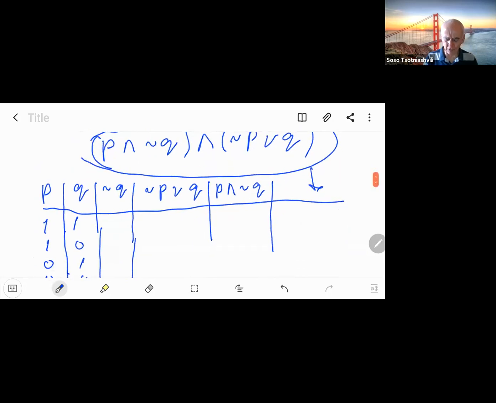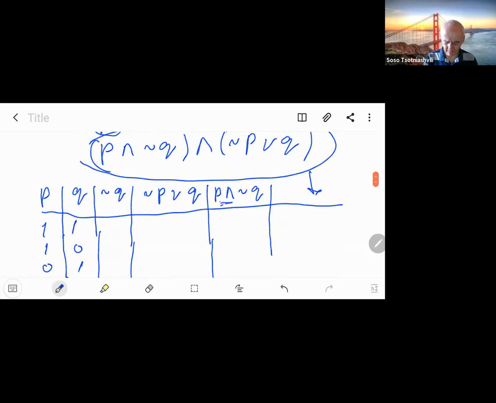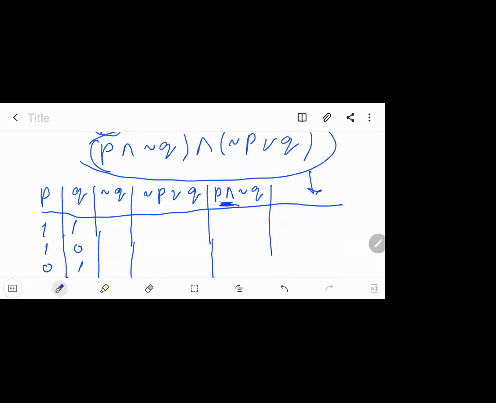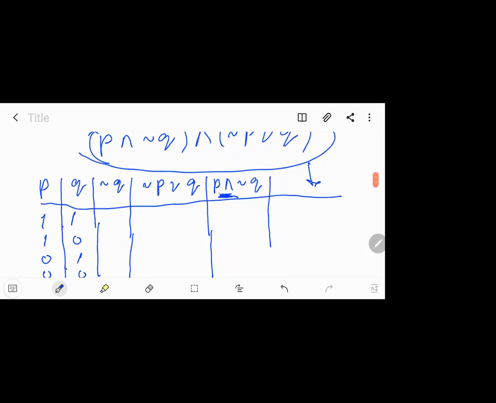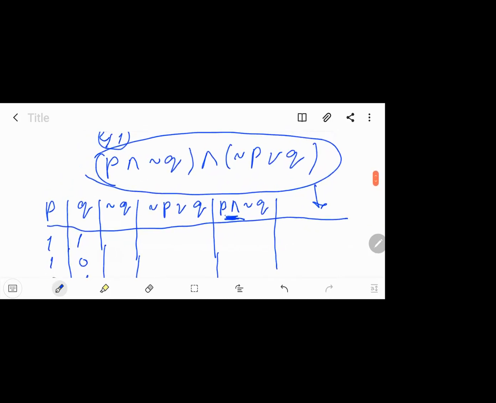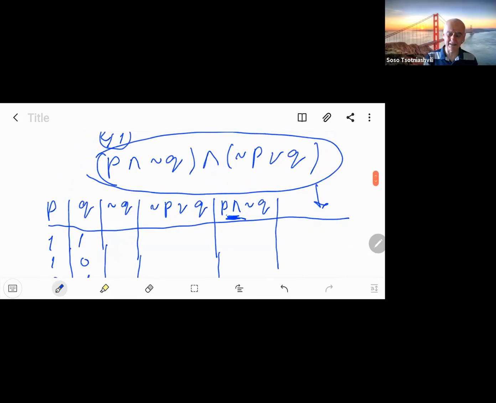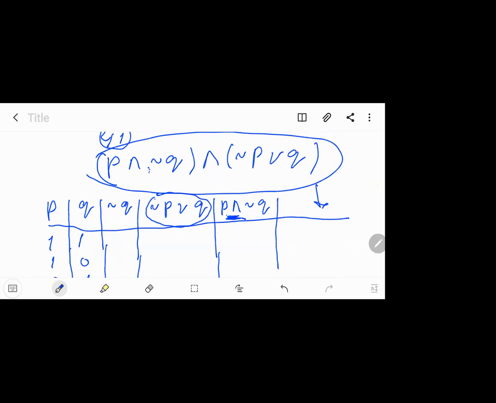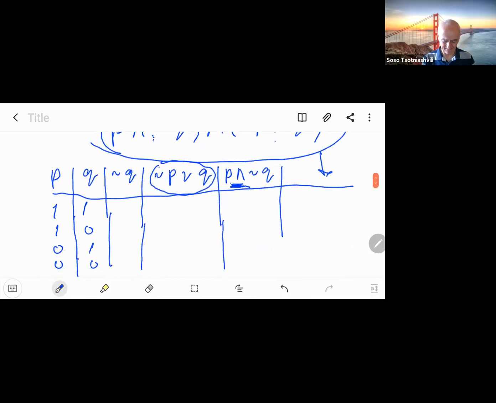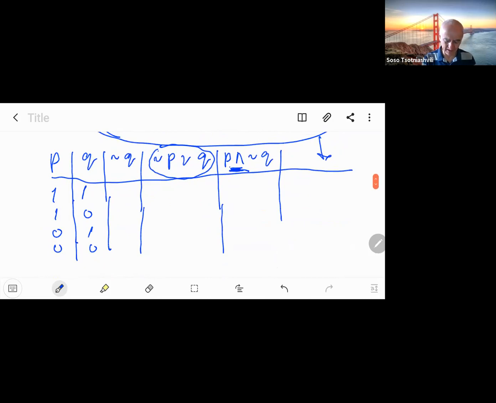In which column do you mean? In the second part of the first statement, there is not P or Q. Yes, you are right. I missed writing this first one, and I wrote the second part. Okay, sorry, you are right.